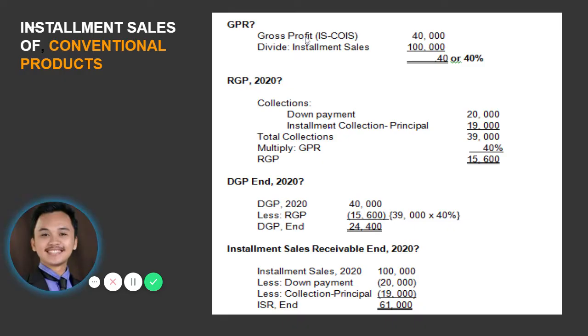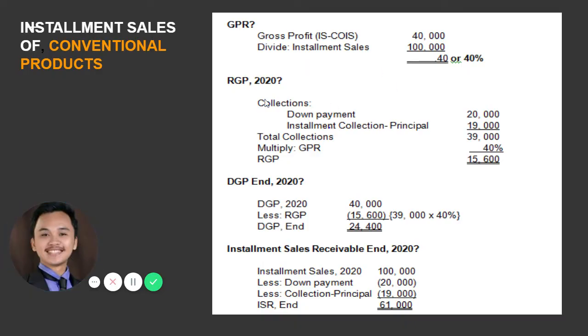So in this case, we have here gross profit divided by installment sales. So we have gross profit of 40,000, that is from our installment sales of 100,000 minus cost of installment sales ng 60,000. Divide it by our installment sales of 100,000. So therefore, we have a gross profit rate of 40%.